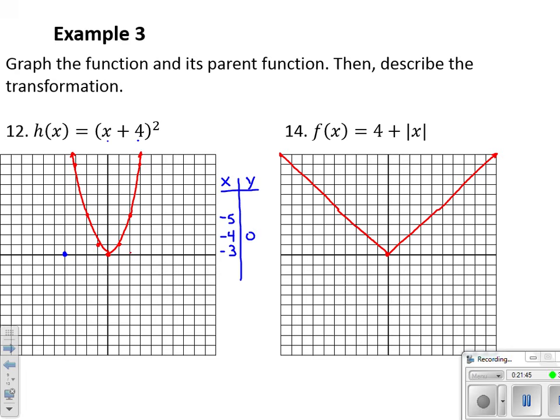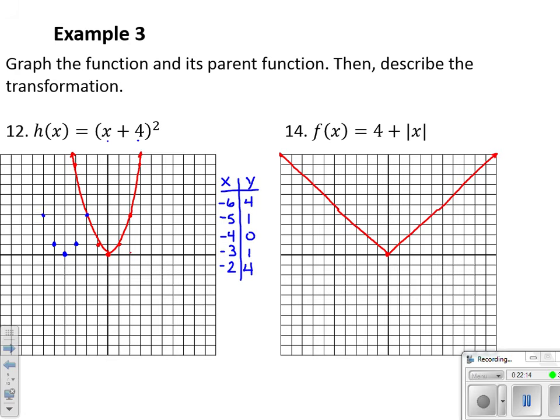If I plug in a negative 5, then I'll have negative 1 squared, which is positive 1. And if I plug in a negative 3, I'll have 1 squared, which is also 1. So you can see we're getting the same type of shape. It's just been moved. So that plus 4 is moving this graph somehow. If I were to plug in a negative 6, I would have positive 4. And if I were to plug in negative 2, I would also have positive 4.